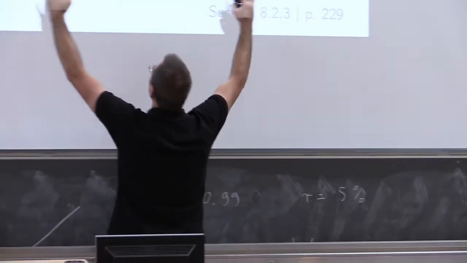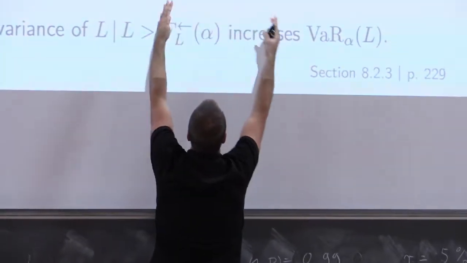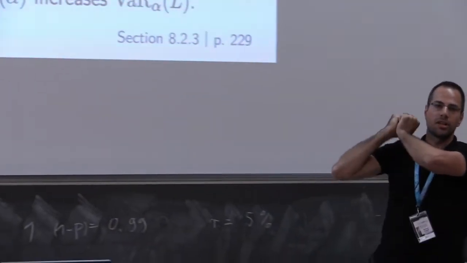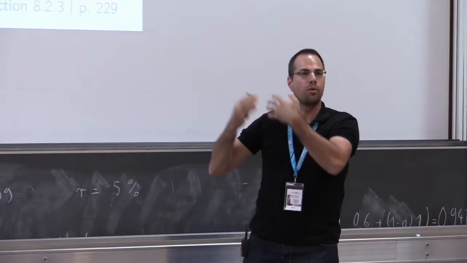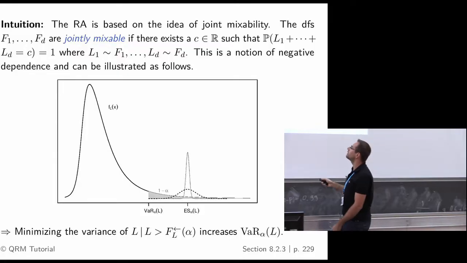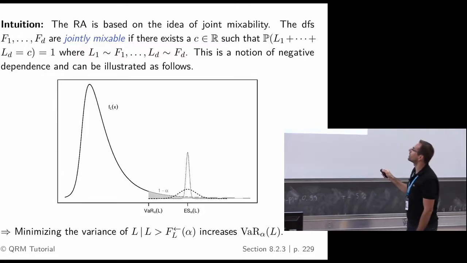The more I pull the mass I've left together, the more this pulls out my value at risk, the larger my value at risk, and that pushes me towards the worst value at risk. That's the ideal. So ideally, I manage to get joint mixability.